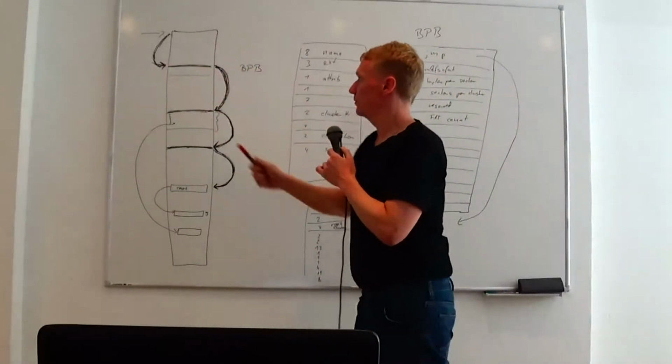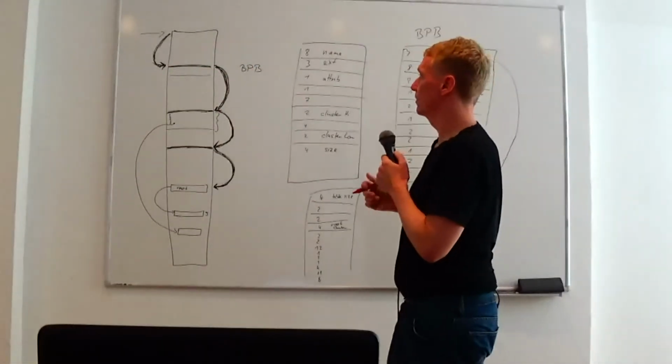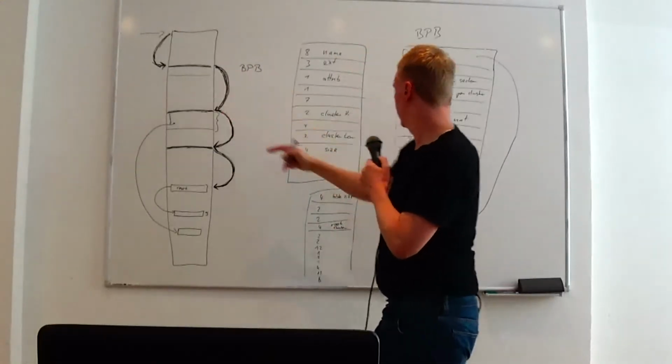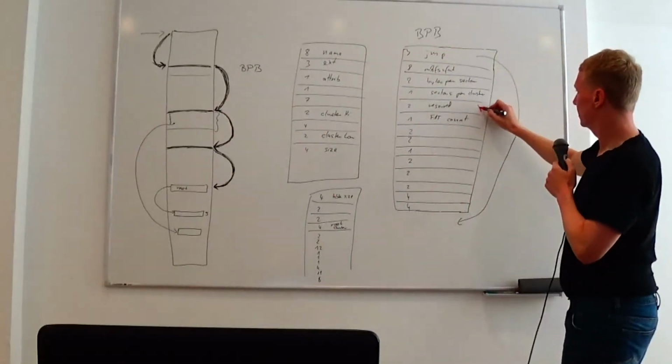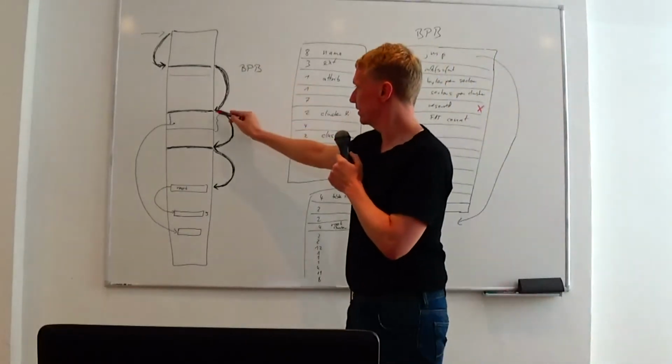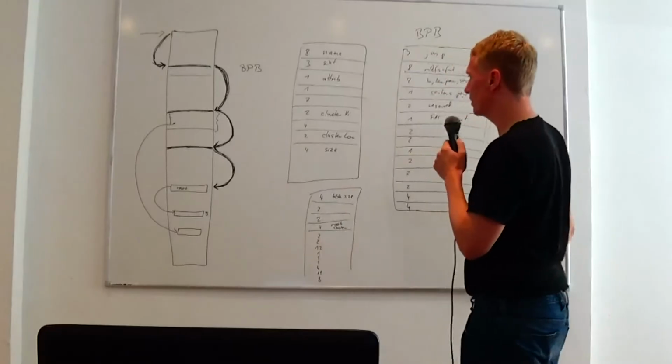So this offset we get from the partition table. This offset here is this reserved sector count here. This gives us the offset of the file allocation table.